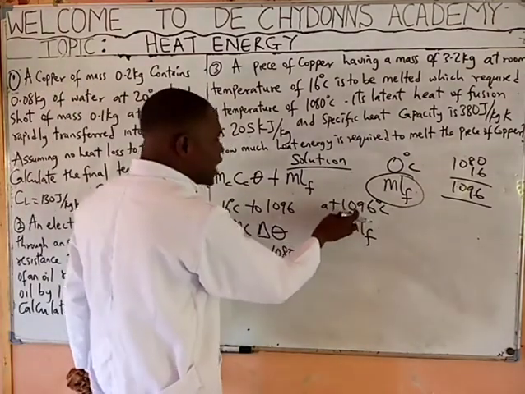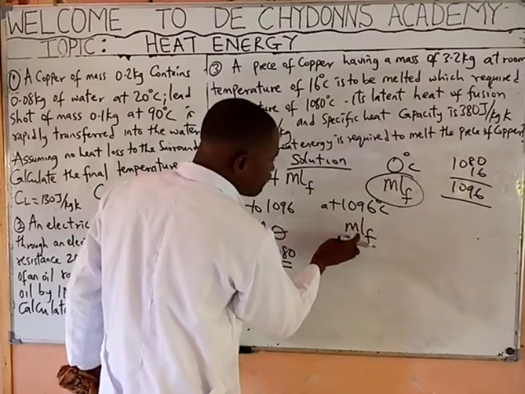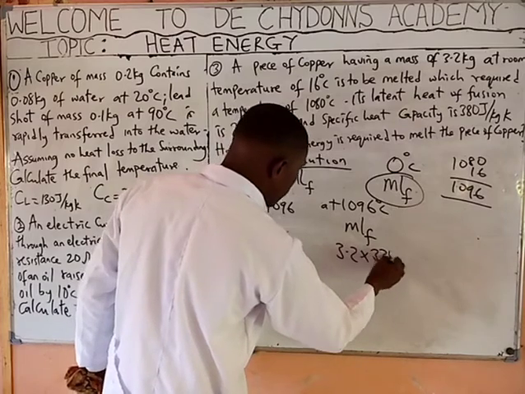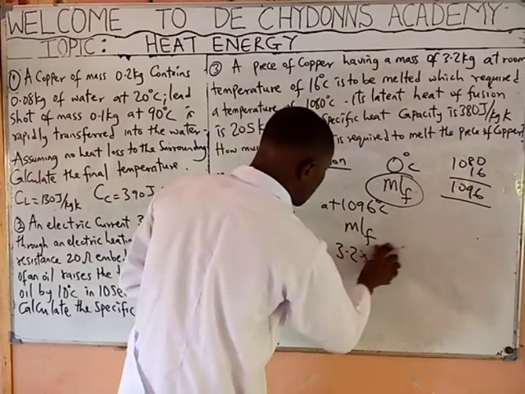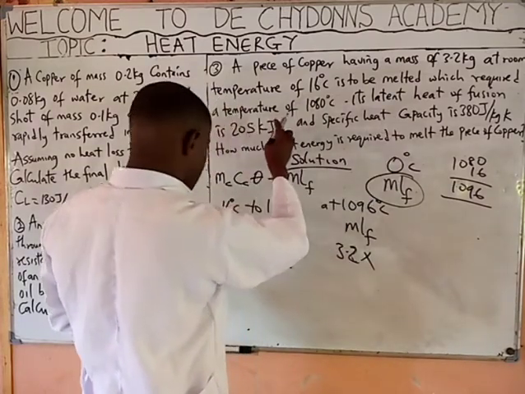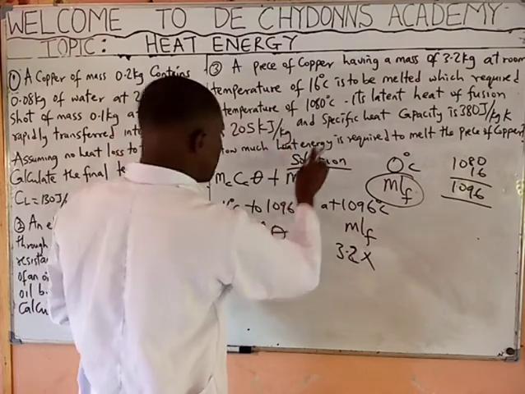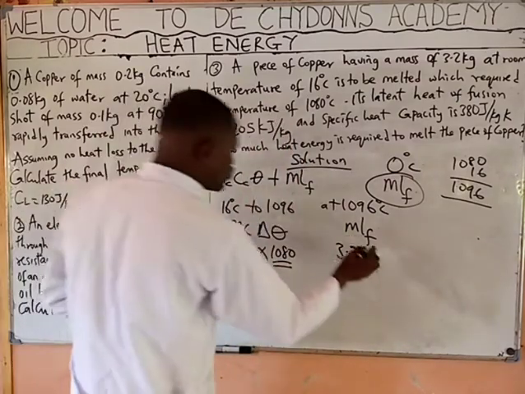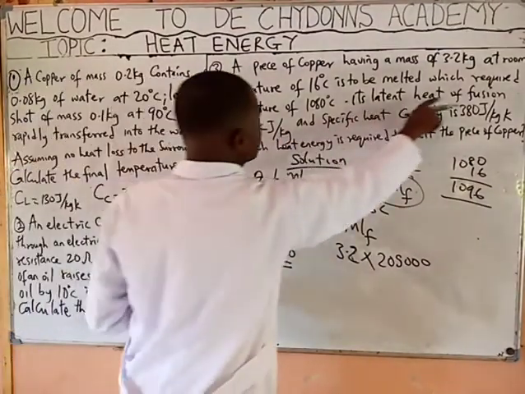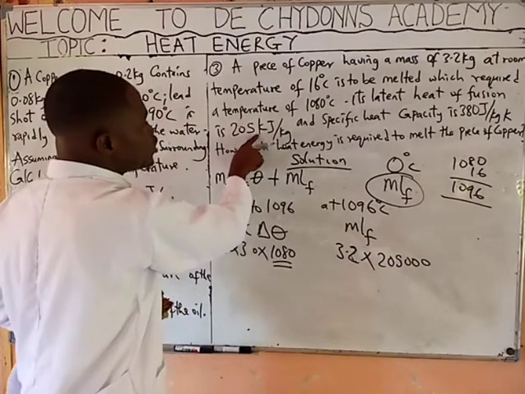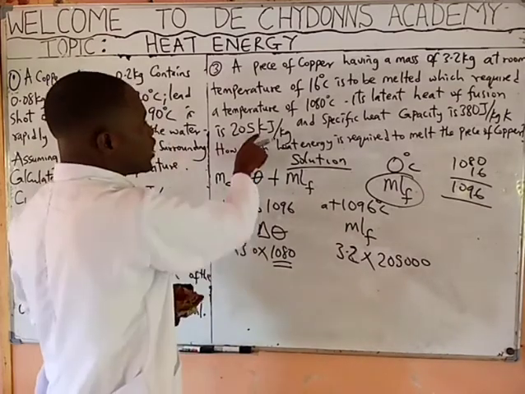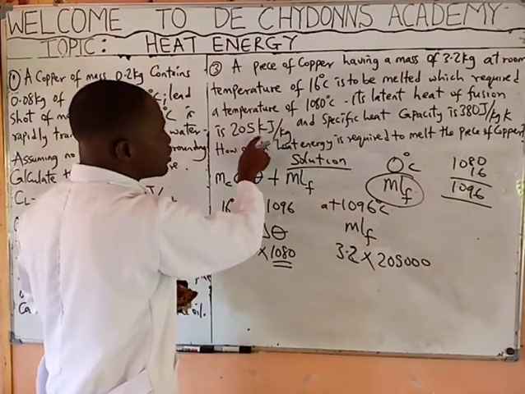Then, as you get to 1096, latent heat of fusion will add on it, which is mass 3.2 times the latent heat of fusion of copper, which is given to us to be 205 kilojoules. Kilojoules means 205,000 joules, so you multiply by 1,000 to get it in joules.